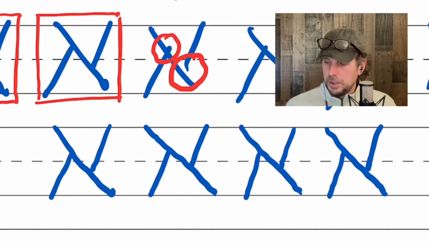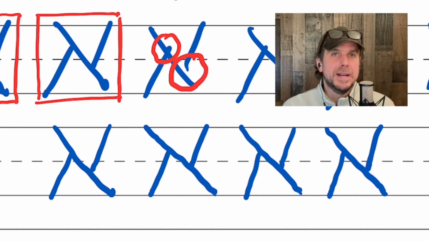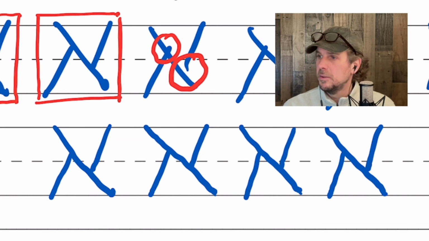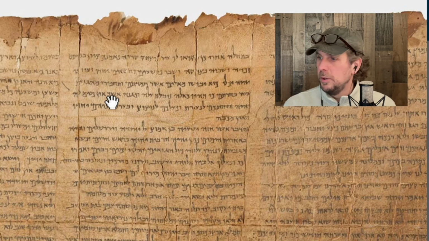Okay. What we're going to do here is shift gears. We're going to go back to the Great Isaiah Scroll, and I want you to look at the text and see if you can identify the Alefs. So I'm going to go to this website. It's a website that I'll have posted below here. It's from the Israel Museum.